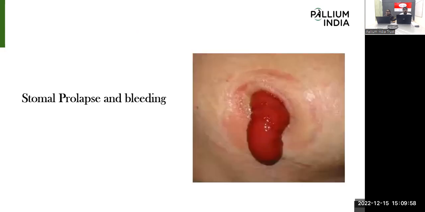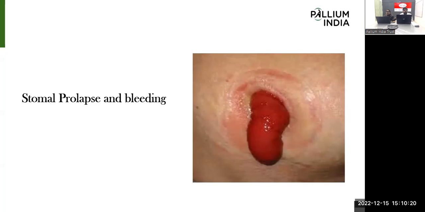Then stomal prolapse and bleeding. Stomal prolapse means that after preparing the stoma, after a period of time, the stoma will prolapse or bulge outside, because the colon inside is also bulging and protrudes outside.